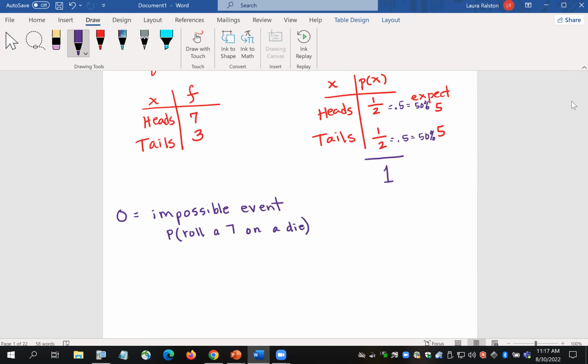A die is 1 die, a 6-sided cube. You're never ever going to roll a 7. If I ask you what's the probability that Thanksgiving is on a Sunday, at least within the United States, Thanksgiving is never, ever on a Sunday.